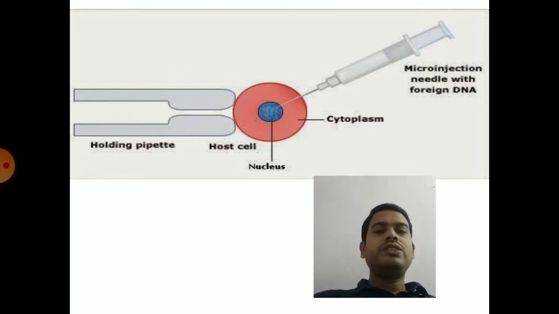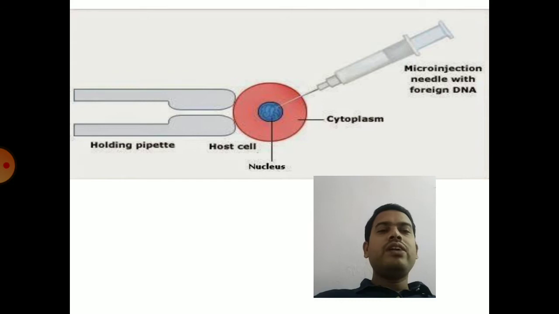You can see the host cell. So the host cell contains the nucleus. So the host cell is held with the help of a holding pipette. So that is suction of a pipette at the tip of micropipette. You can hold the host cell.